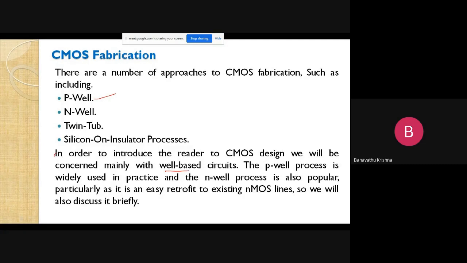The P-well process is widely used in practice, and the N-well process is also popular, particularly as it is an easy retrofit to existing NMOS lines. So we will also discuss it briefly.